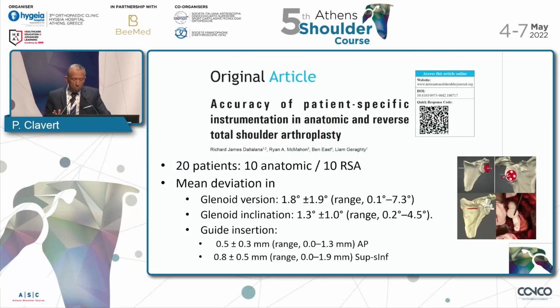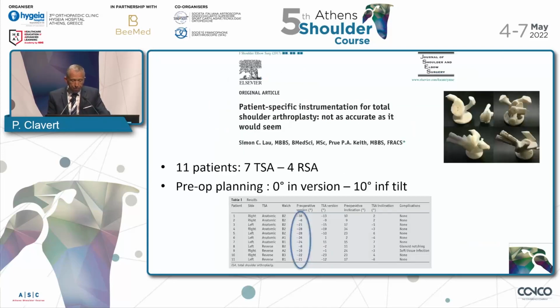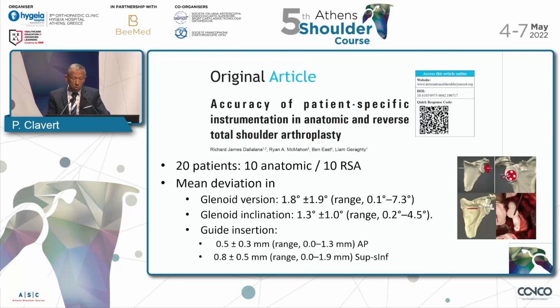But the problem was that in this paper, we have no idea of the structural defect of the glenoid preoperatively. So we are mostly in the same configuration as the cadaveric study, with just osteoarthritis, glenoid without posterior defect or other defects. So it's hard to bring to the front the real help of this PSI.